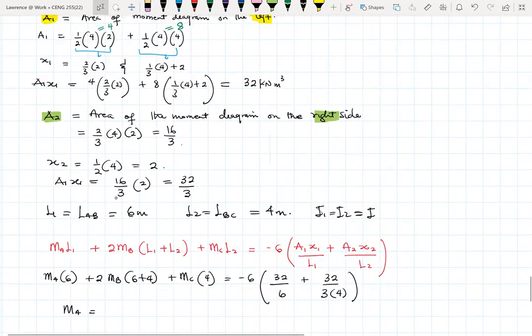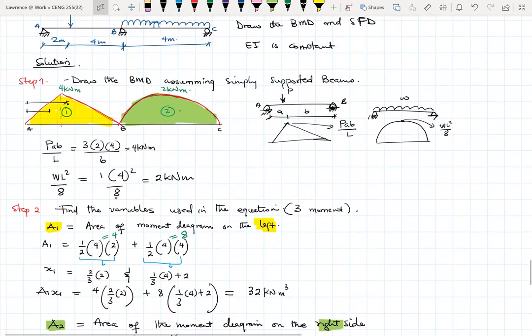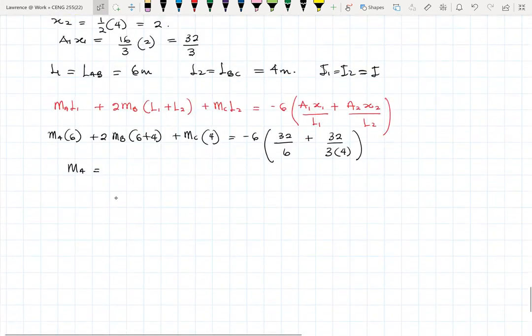Since the supports at A and C are simply supported, or they are pin supports or roller supports, we know that pin and roller supports at the ends of beams have 0 moment. So it simply means that our MA is 0, our MC is also 0.